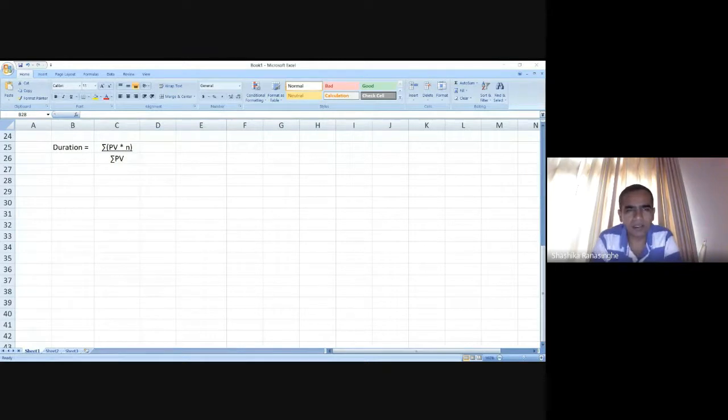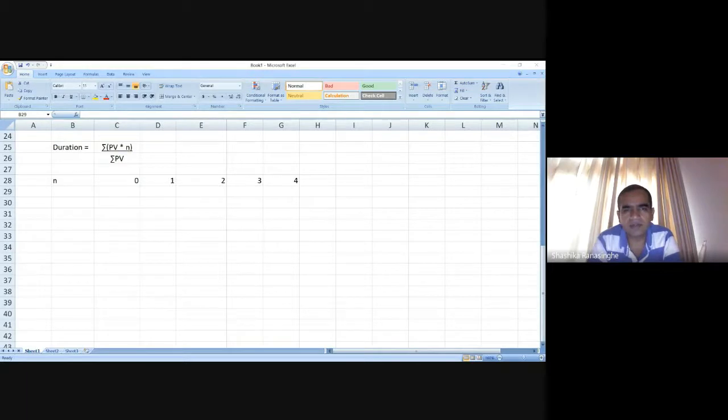So, 4-year bond, 10% coupon. The price of the bond is 100.